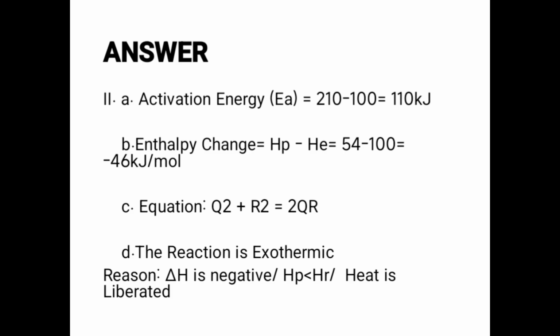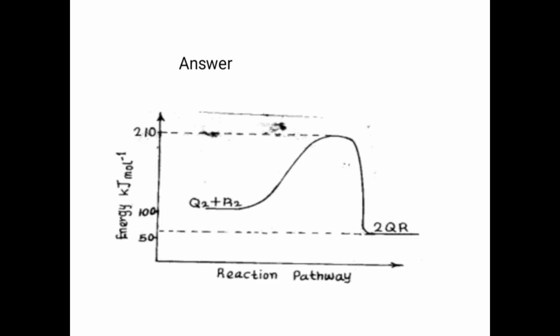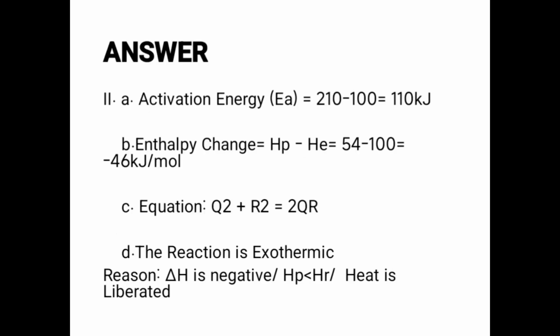The equation is Q2 plus R2 to give 2QR, and the reaction is exothermic. That means delta H is negative, or HP is less than HR. If you check very well, HP is less than HR for exothermic, while HR is less than HP for endothermic, and heat is liberated. You can put it that way as well.